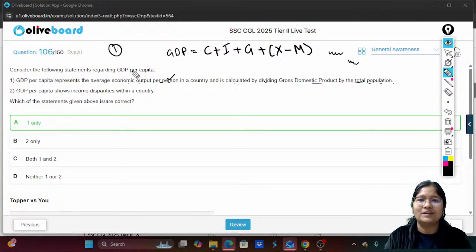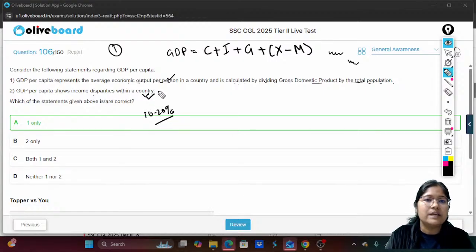But that is not the correct assessment of income disparities within a country, because as you may be knowing, the majority of the resources, 80 to 90%, are concentrated with say 10 to 20% of the population, right? So statement 2 is not correct here. What do you use for income disparities?